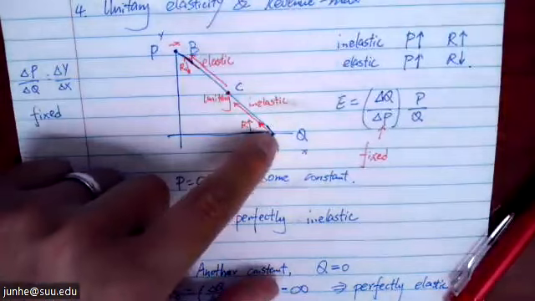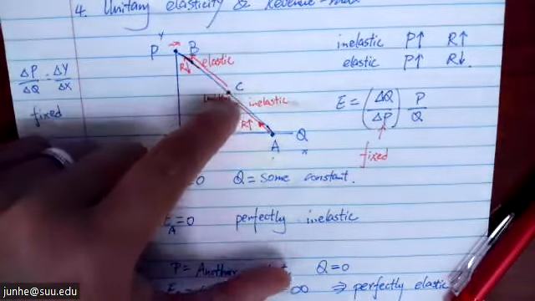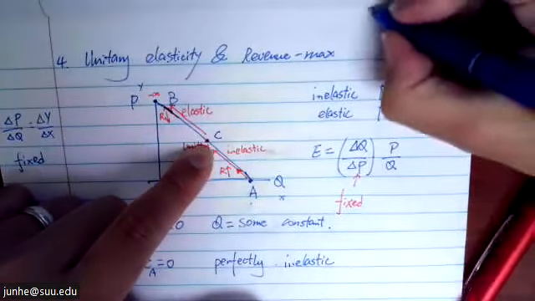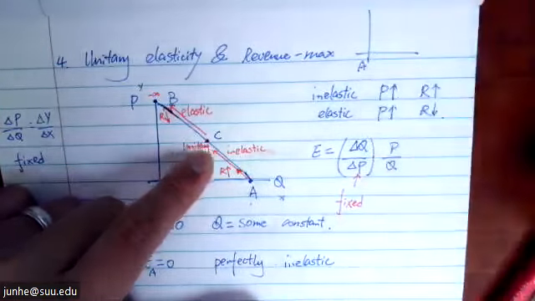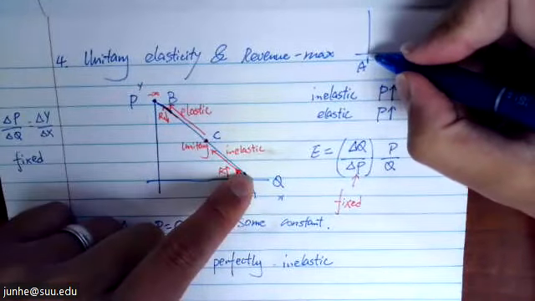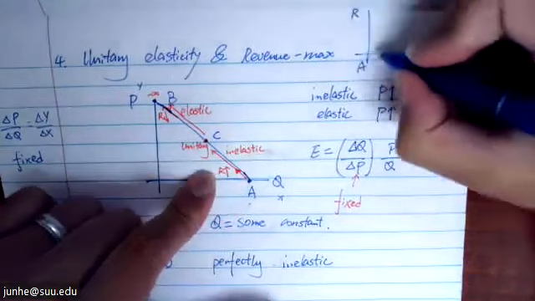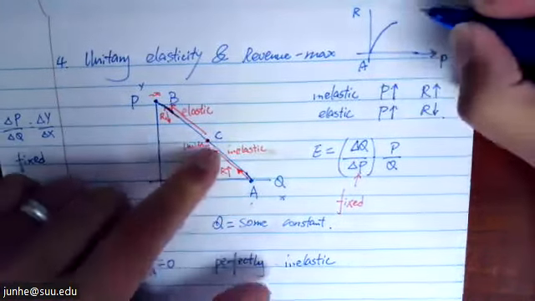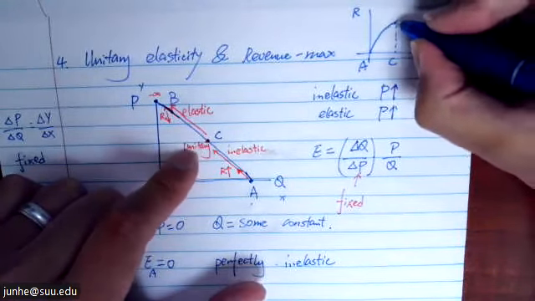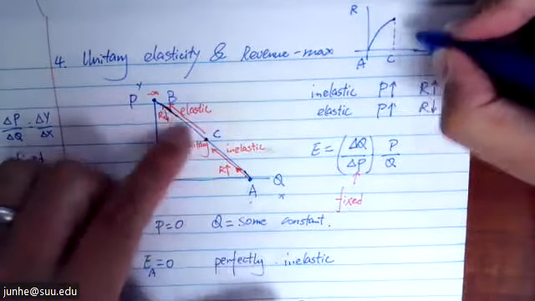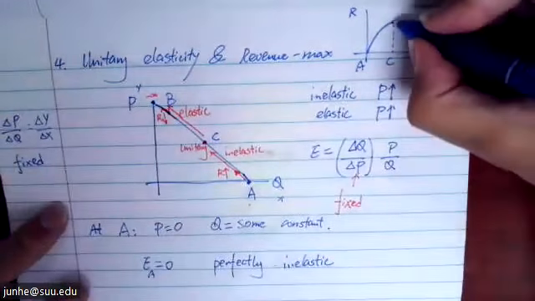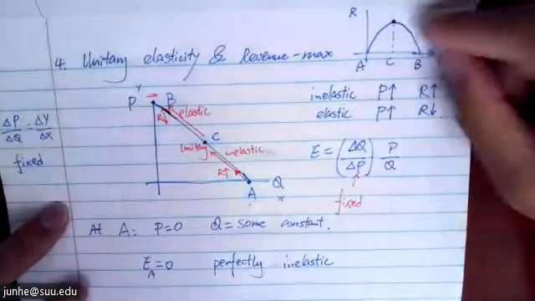So your revenue keeps increasing, and at point C, which is unitary, let me show it here. From point A, where price is 0, your revenue is increasing. At point C it should be here, and then after point C, your revenue will keep decreasing. Therefore, point C is the place where your revenue is maximized.